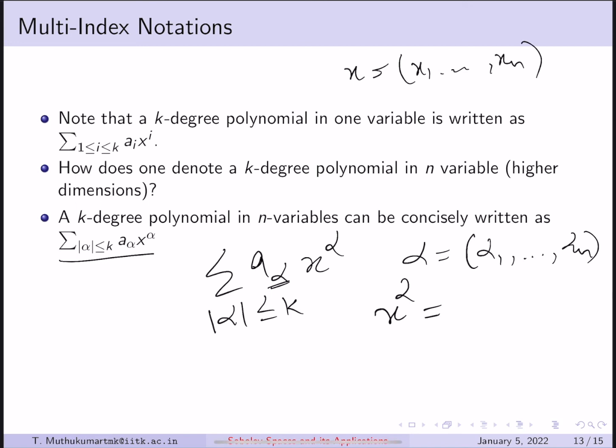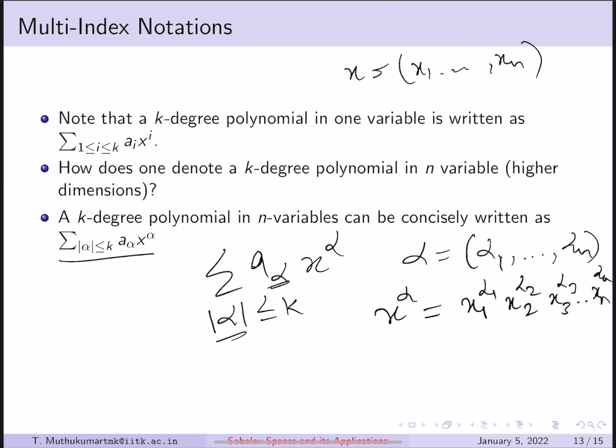But alphas are tuples of non-negative integers. So x^alpha is x1^alpha1, x2^alpha2, this product, and so on up to xn^alphan.